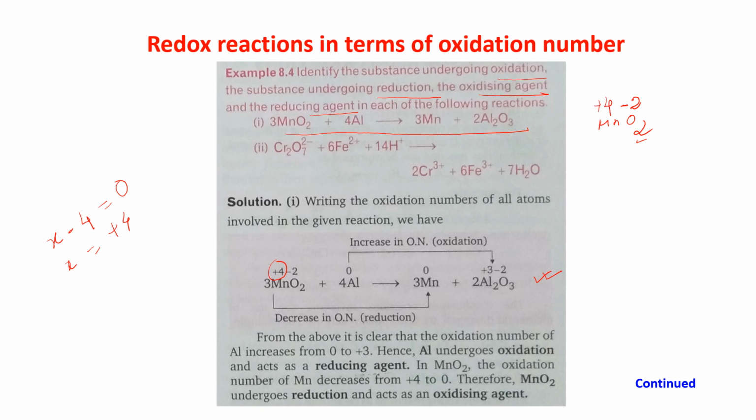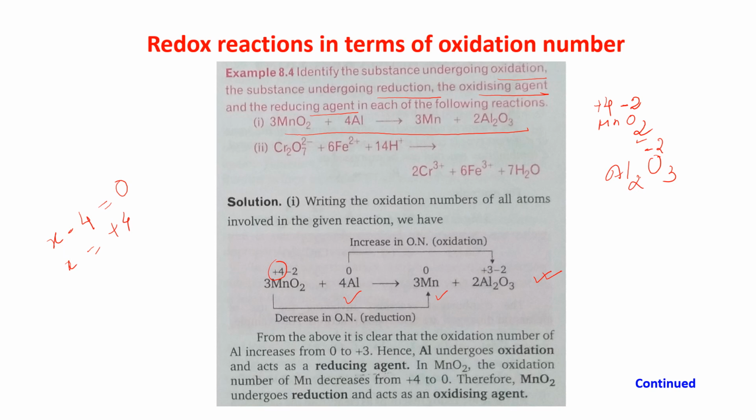Like this, you have to find out. Now, aluminium in the uncombined state is 0. Manganese in the uncombined state is 0. Now, Al2O3, again you have to find out. Suppose you are having Al2O3, you know that oxygen is -2. You write here -2 and just calculate it. It is -6.